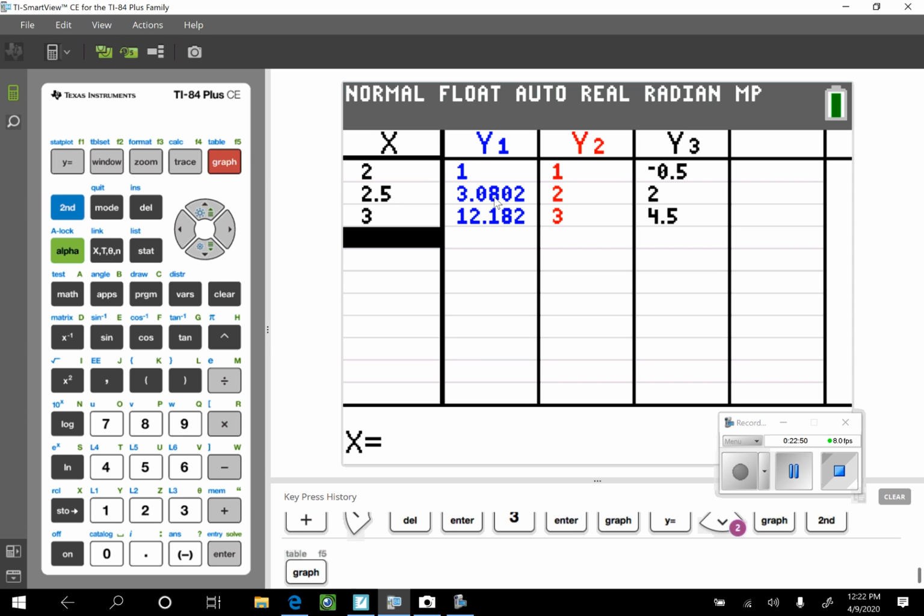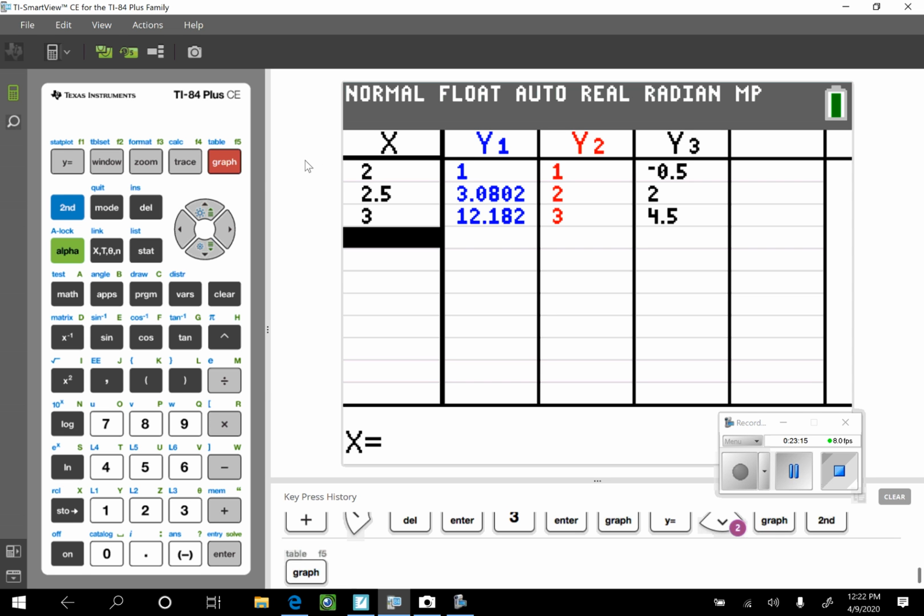At 2.5, the original function is 3, but I'm going to use this point 2.5, 2, and the tangent line at 2.5 is going to be on that as well. That's where the first tangent line and the second tangent line intersect, at 2.5. And this is my estimation using Euler's method, and this is the actual value.